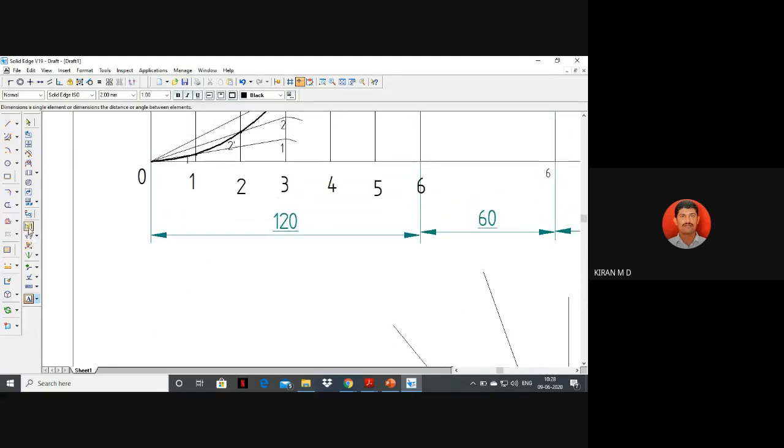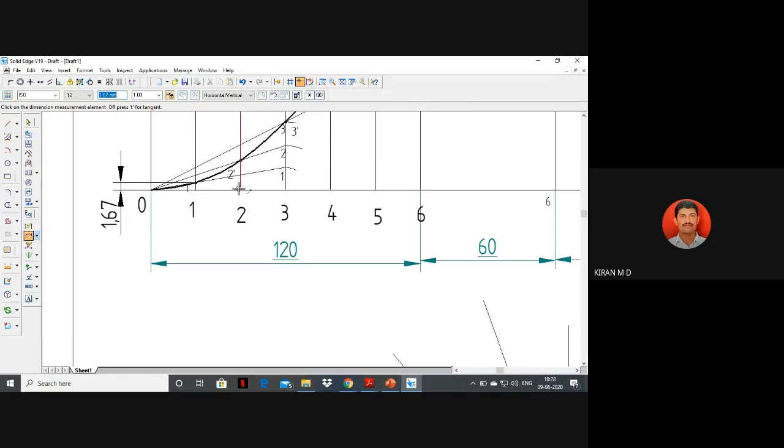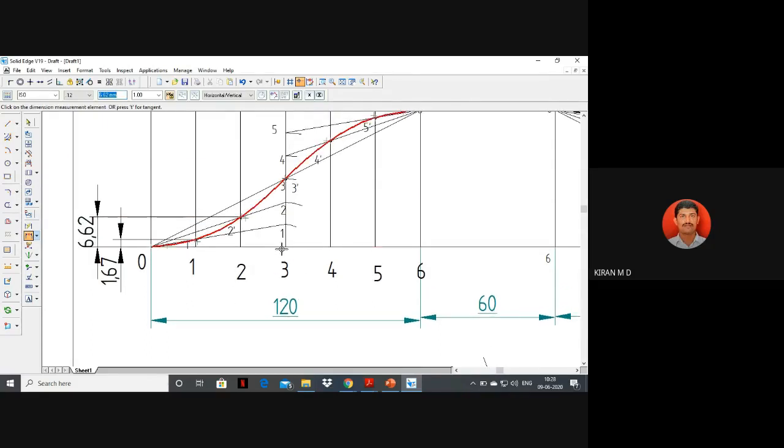We have to measure the distance between this line and this point. That is 1.67. Again, the distance between this line and this point. It is 6.62. Maybe this will come 15 only.